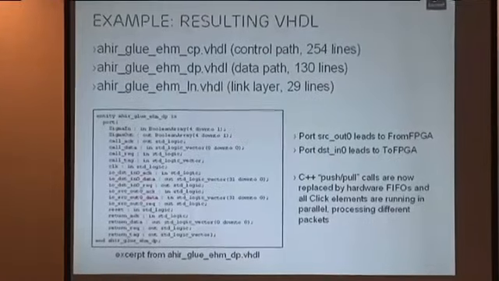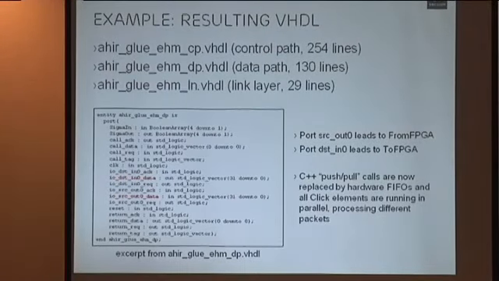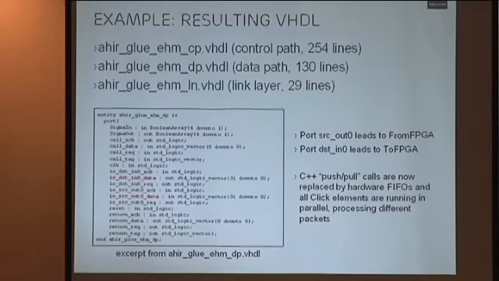So this is the VHDL code that's produced. It's relatively few lines of code to implement this functionality. And this is an excerpt in case any of you know VHDL. It's basically a definition of the top-level pins of the data path. And the parts that are highlighted in red are the packet pointers that get passed in and out of this element.